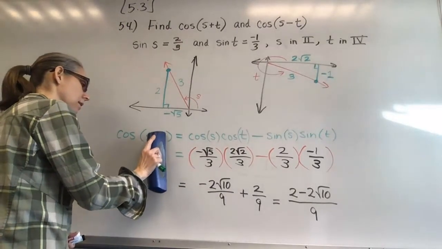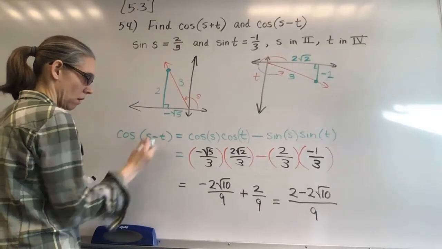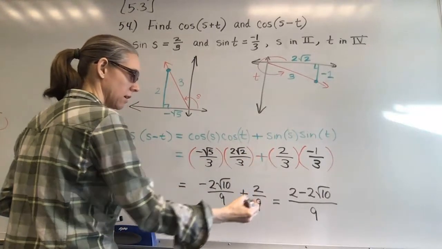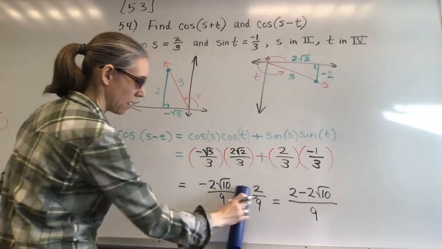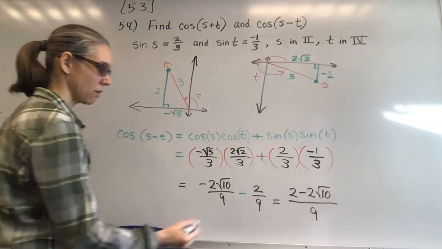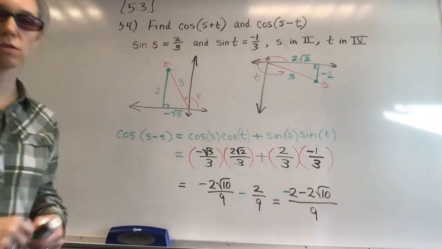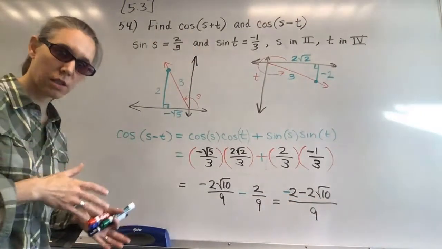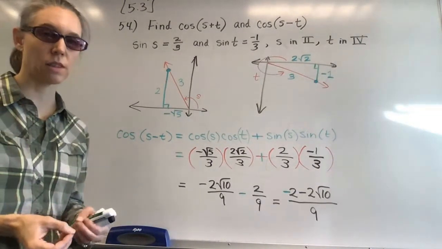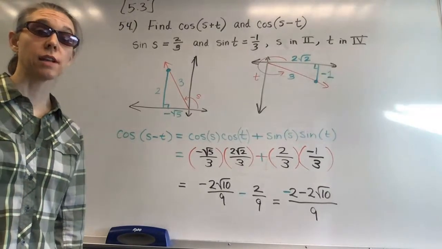S minus T, then the formula turns here into a plus, so this is a plus, and then this would then be a minus, and so I would have a minus 2 root 10 over 9. Cosine sum and cosine difference formulas are really similar. The only thing that's different about them is that middle sign. Okay, so that's all of 5.3.